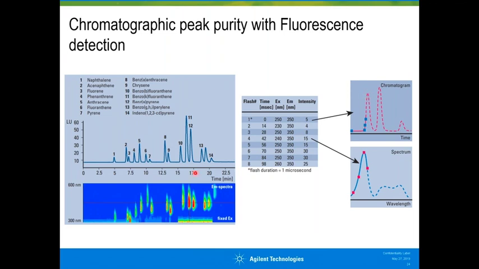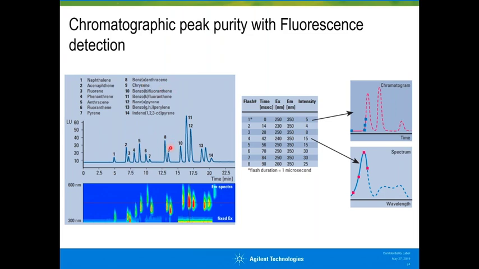For example, if I want to analyze this particular compound, maybe chrysene, the ninth peak, I need to inject the standard, save the spectra in the spectra library, then inject the sample. The software would save the spectra and compare the spectra of chrysene standard to that of my sample.